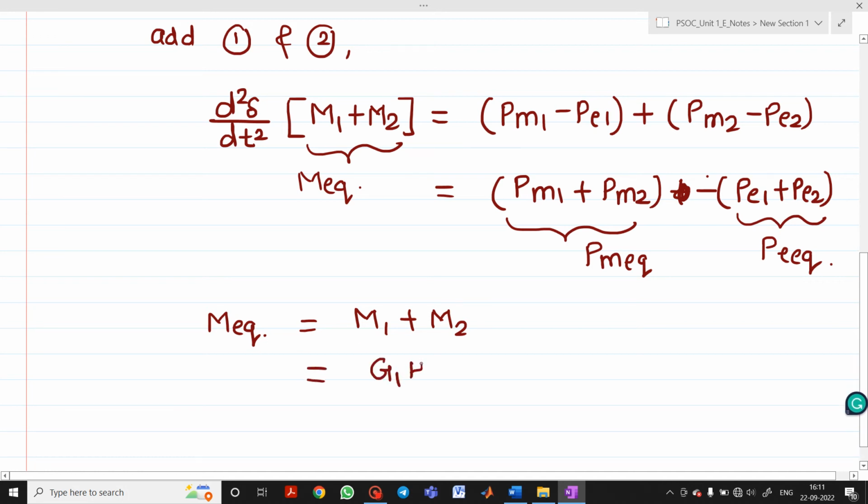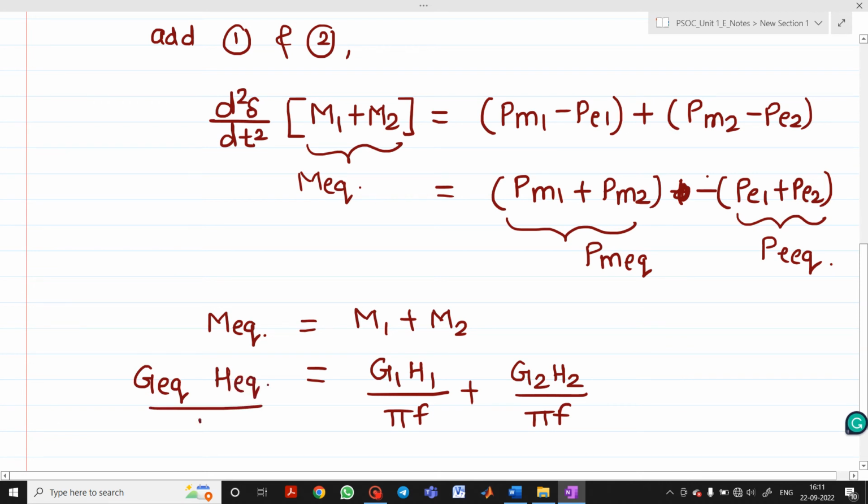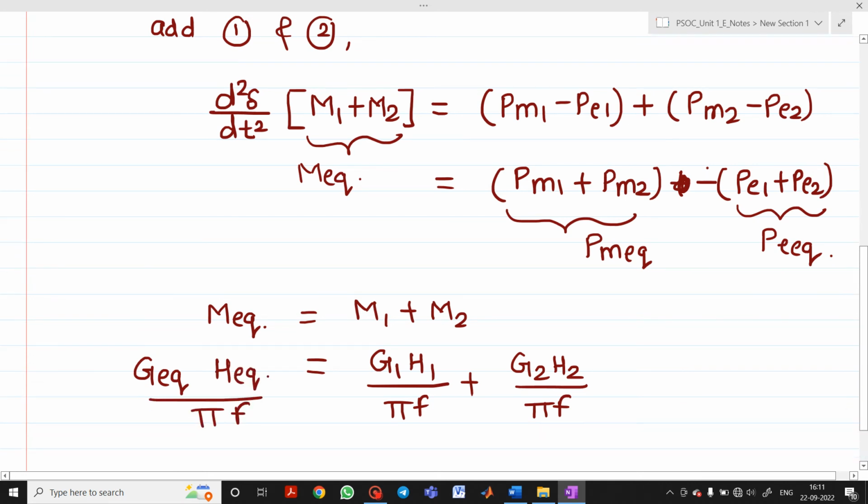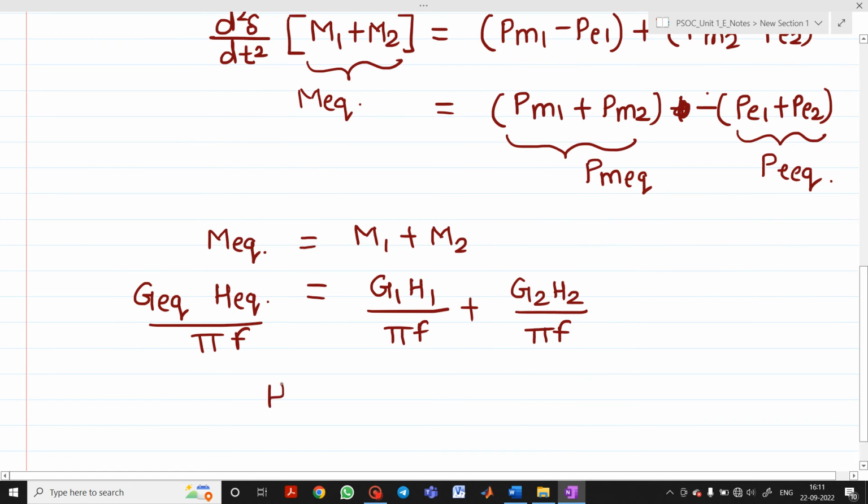So it is G1 H1 upon pi F plus G2 H2 upon pi F. And here you can also write G equivalent into H equivalent upon pi F. So how can you write the formula for H equivalent? Again, this formula is important; based on that we will solve a few numericals. H equivalent will be equal to G1 into H1 plus G2 into H2, upon G equivalent, since pi F from both sides will be cancelled.